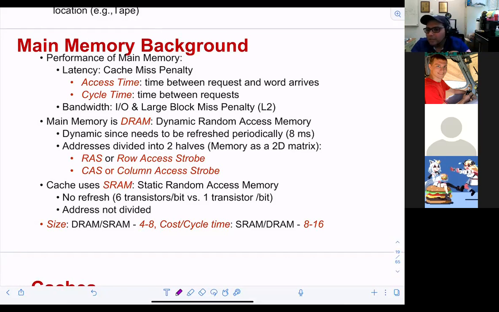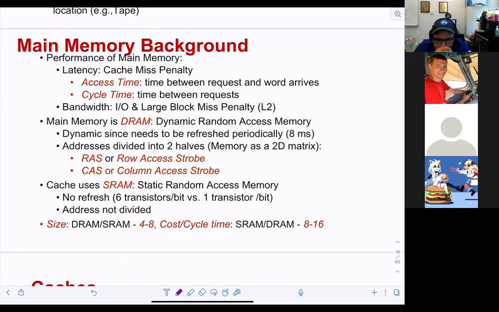Also, memory like DRAM is 2-dimensional. In that case, if I would like to access a certain element in the 2D array, I have to have accessibility in a row and column. That's called RAS and CAS, row access strobe and column access strobe. And every single one has its own time. You can accumulate it, and you will get the timing model of getting that element out of the memory.